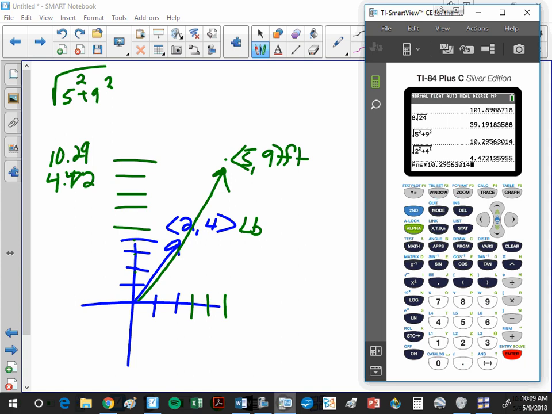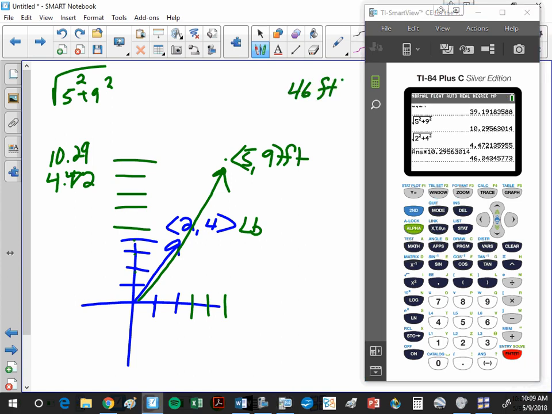the total possible work is 46 foot-pounds. When does that happen? When would we reach exactly 46.043 foot-pounds? When the two vectors are going in the same direction. Are these two vectors in the same direction? Almost.